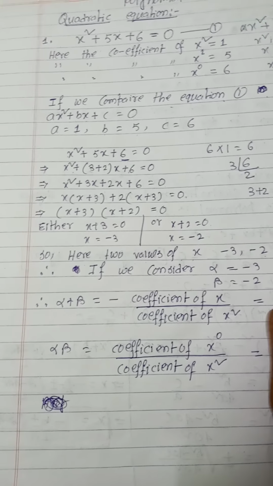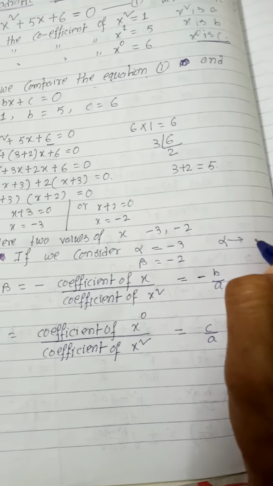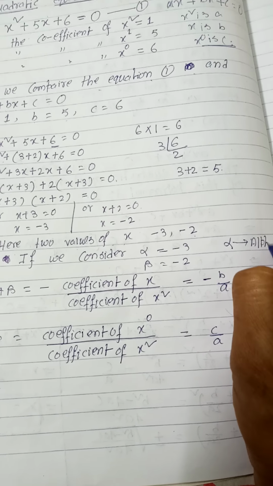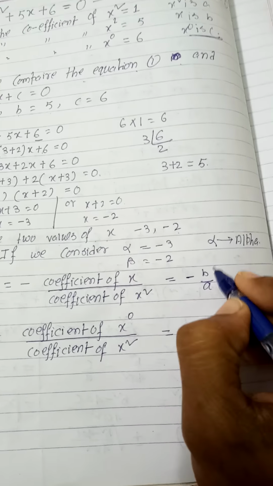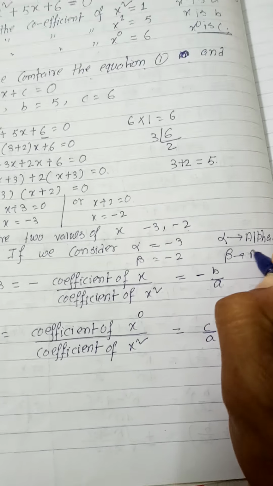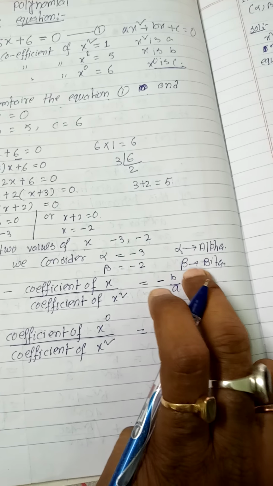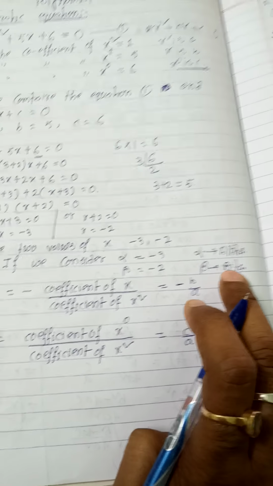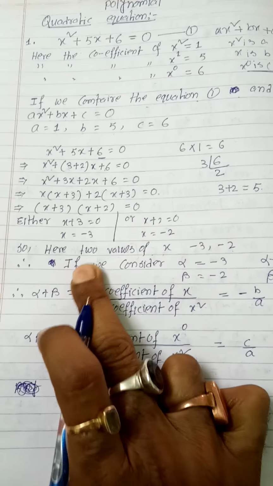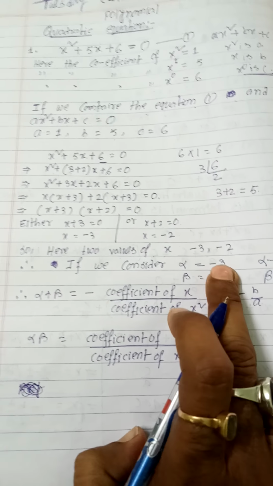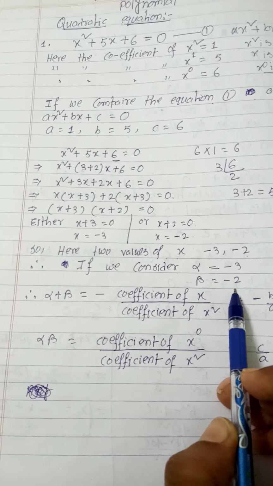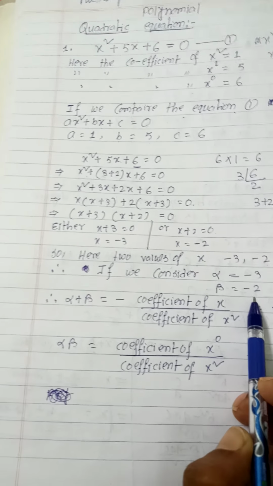This symbol we call alpha, and this is beta. Students, in a quadratic equation we always express the two roots in alpha and beta form. So here alpha equal to minus 3 and beta equal to minus 2.